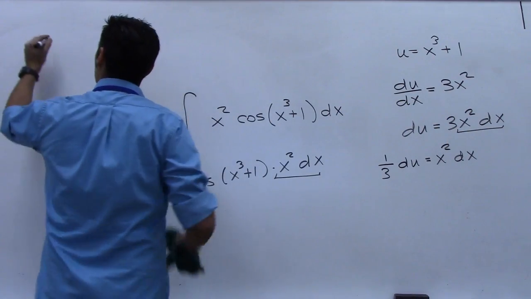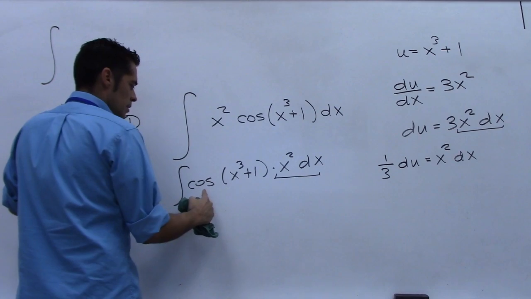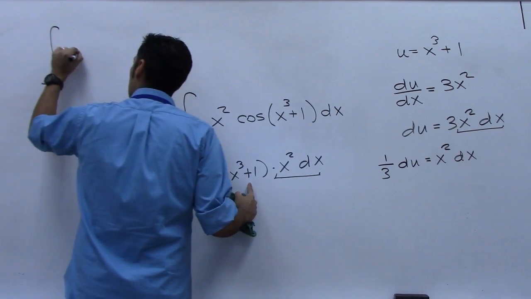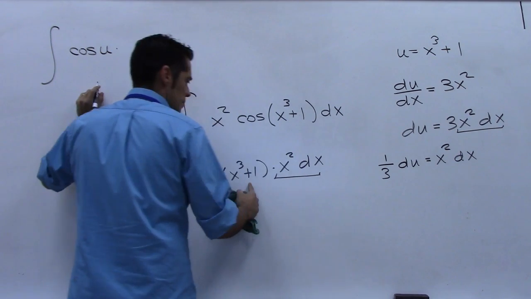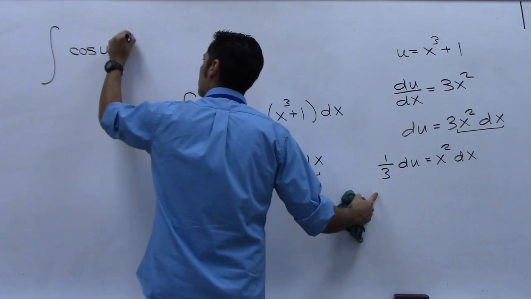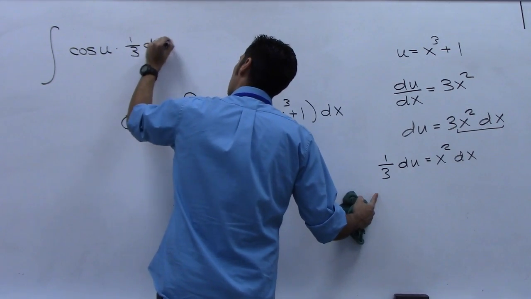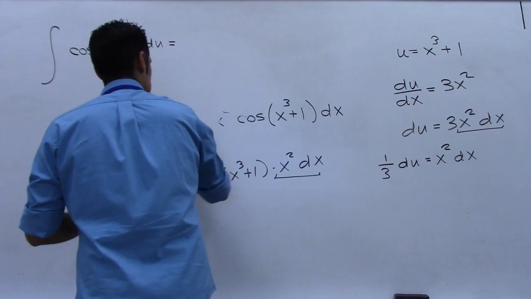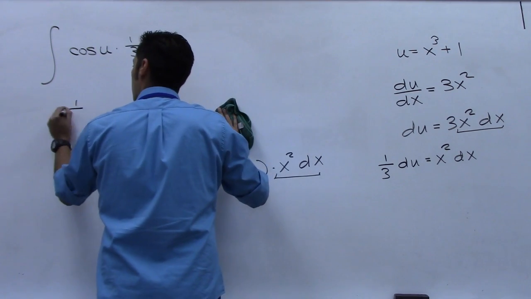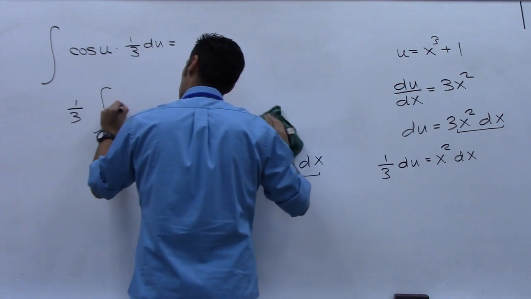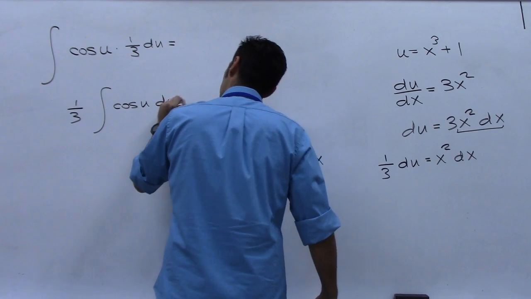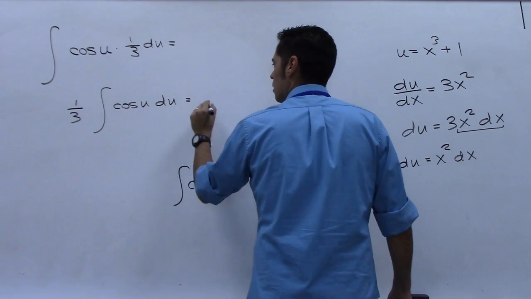So the problem becomes integral cosine of what? U times this, which is 1/3 du. And what can I do with the 1/3? Take it out. So 1/3 integral cosine u du, antiderivative of cosine of u.